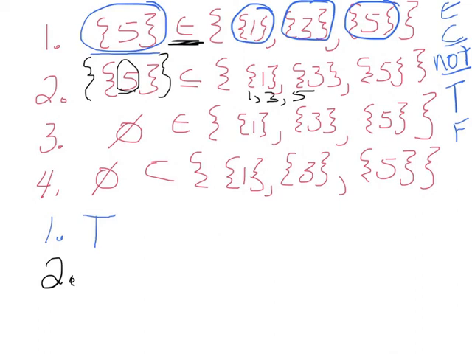So the answer here is that one's false, and we've shown you in black how to make it correct in 2 different ways. If you leave it the way it is, then you would have had to have 1, 3, 5. If you leave the set the way it is, you would have had to have the extra set brackets.